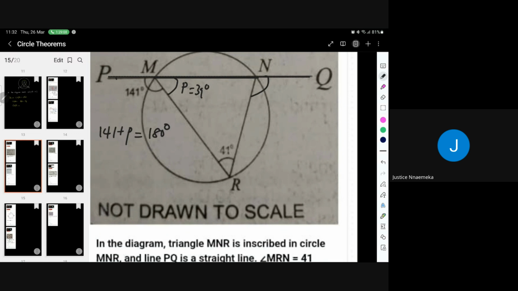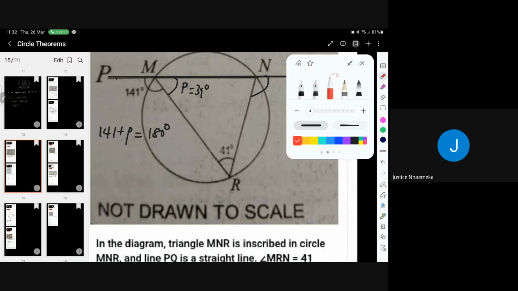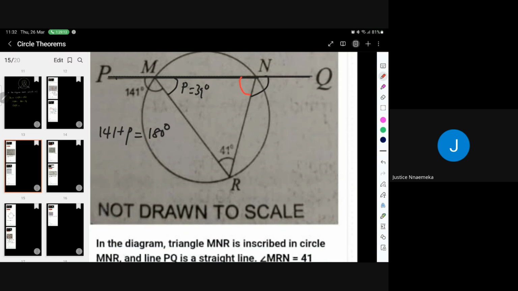Now, we can get this angle here. I can get this place. And that place is going to be what? 41. So it's going to be 41 plus 39 plus angle MRN, let's call it N, is equal to 180.